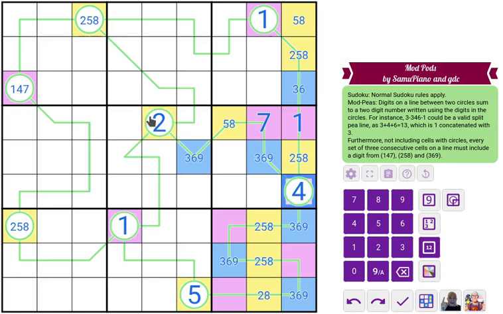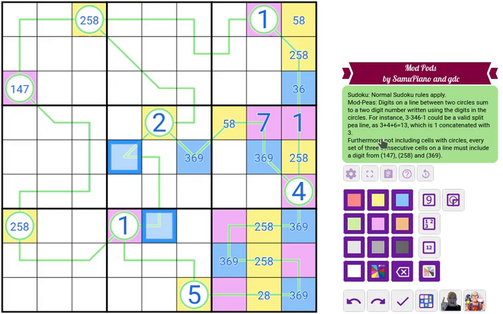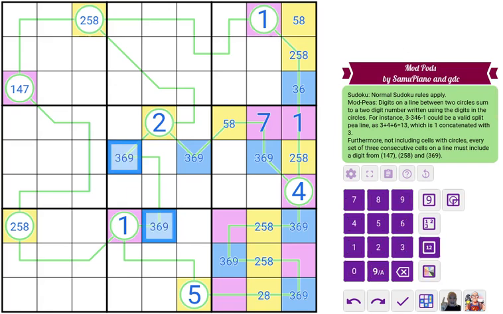This line is like this one. So this is the 12 or 21, which is a multiple of 3. So this is a multiple of 3, and we need 3, 6, or 9 here.